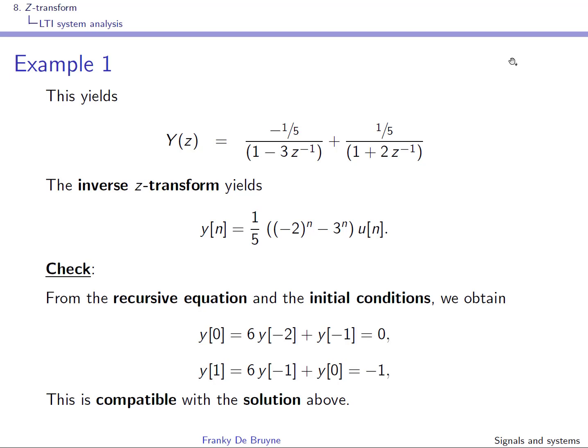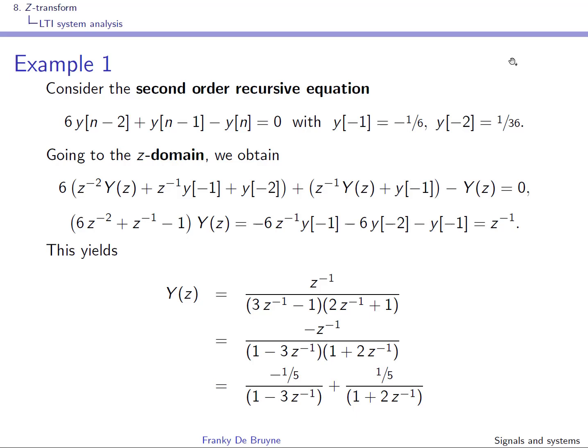We should check if this solution is compatible with the initial solution. So what we can do here is notice that y(n) is equal to 6y(n-2) plus y(n-1). So y(0) is 6 times y(-2) plus y(-1).